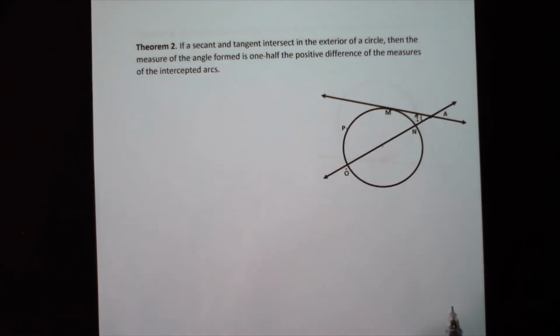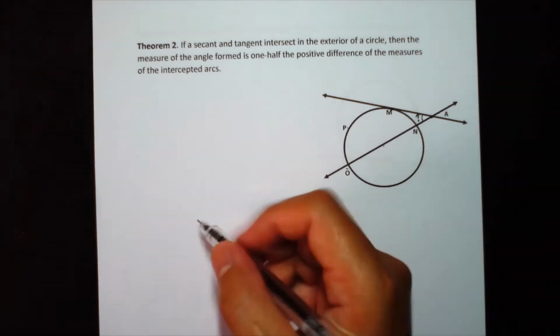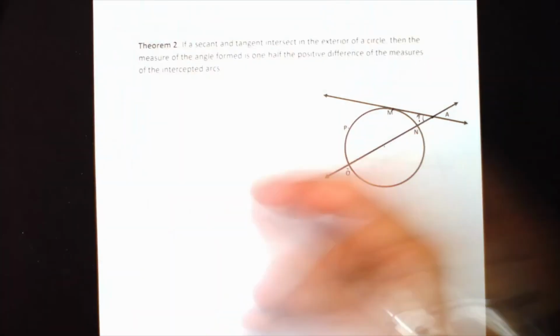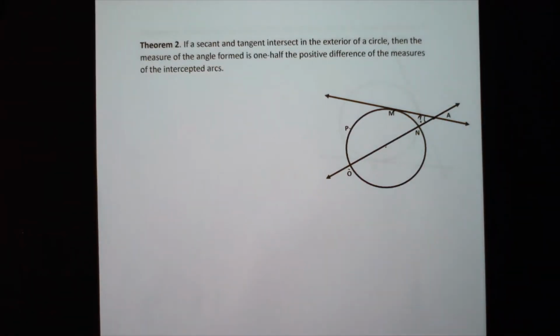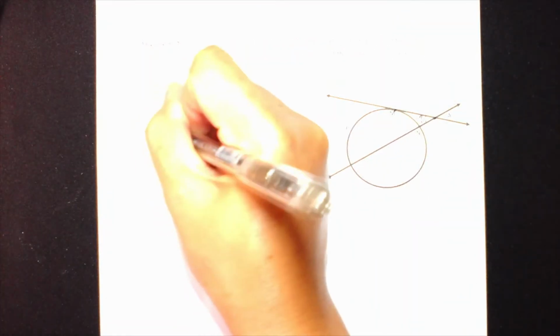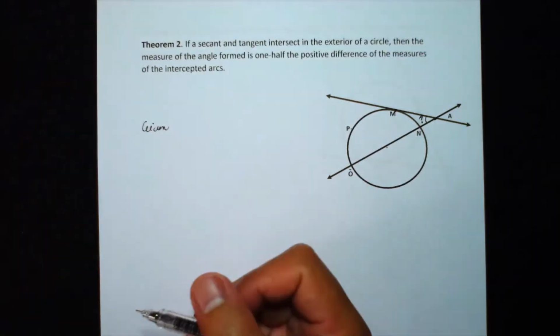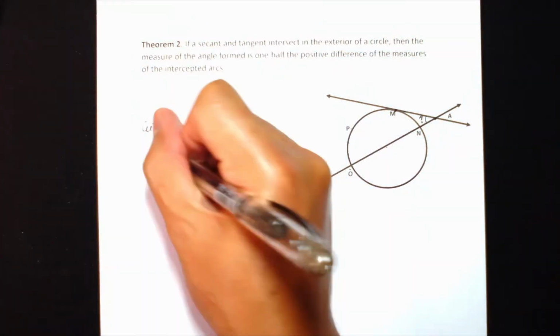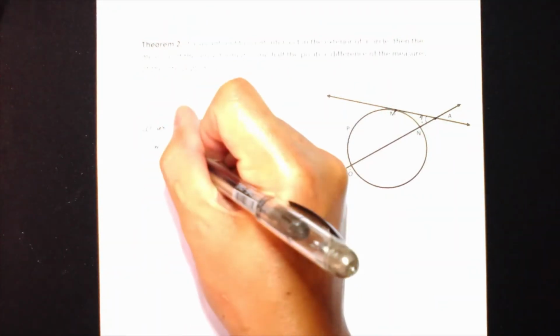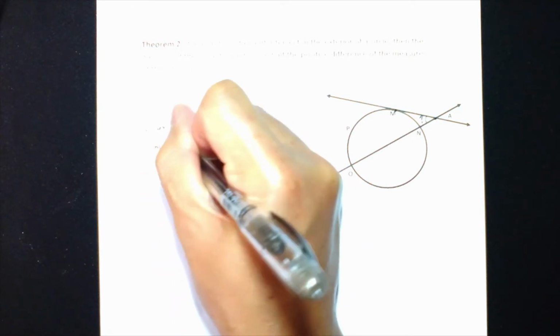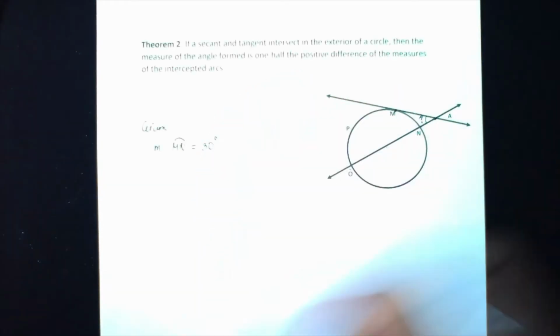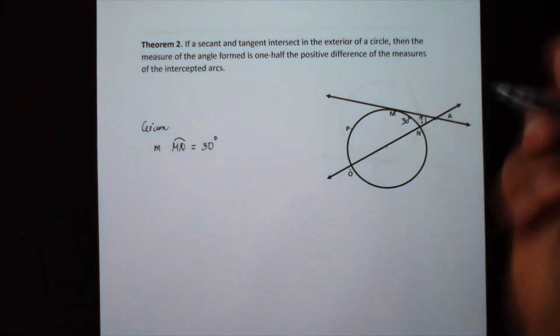Let's solve. Let's have a given. The measurement of arc MN is equal to 30 degrees. So this is 30 degrees.